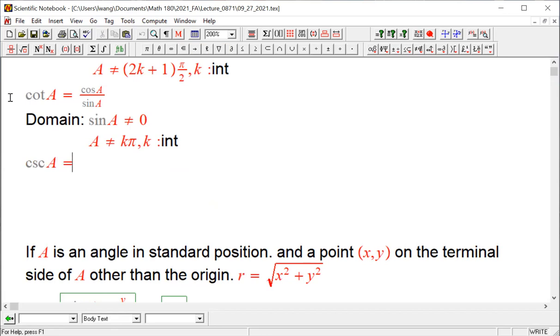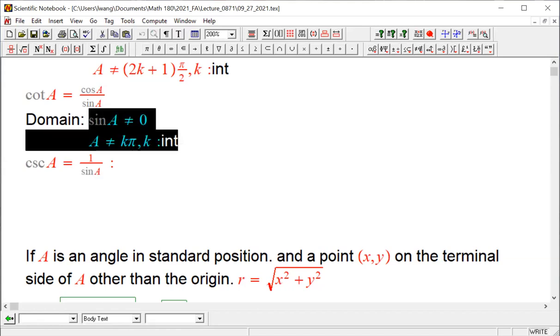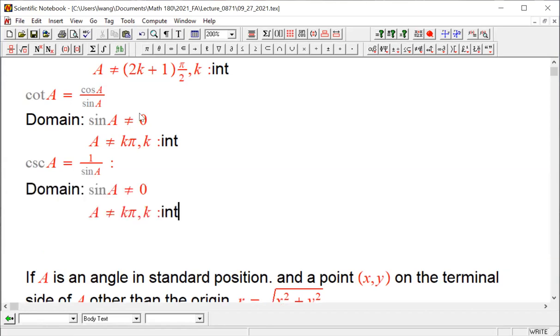Cosecant is 1 over sine, right? Yes? You guys see that? I bet you know that. And sine is in the denominator, therefore all of these can be repeated just for cosecant.